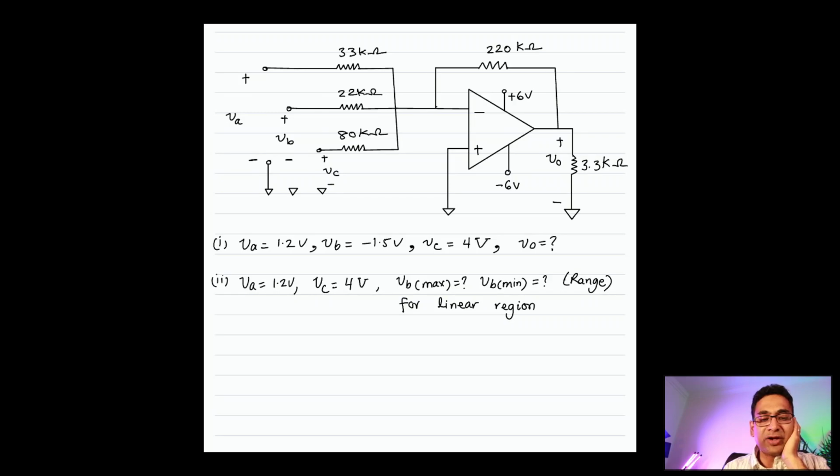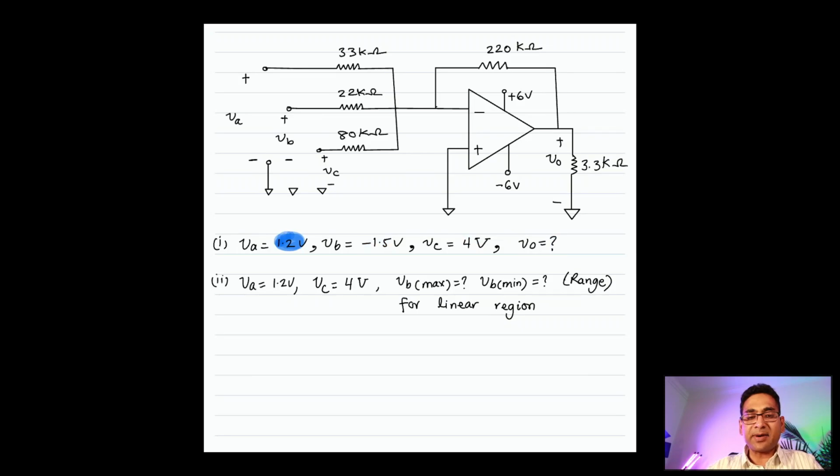The value of VA is given to be some number, VB is given to be some number, and VC is given to be another number. We are asked to find V0 in the first part of the problem. Let's see if we can do that.